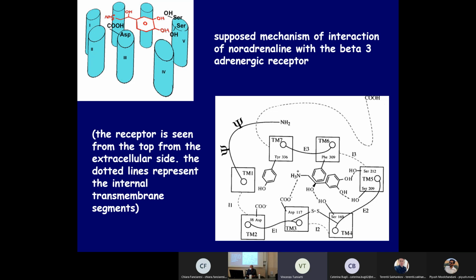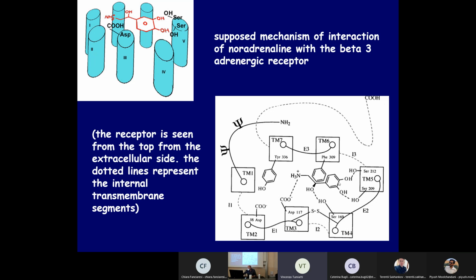Once again, you can see in this picture the importance of the right configuration of the asymmetric carbon atom. Once again, you see in this case noradrenaline. The protonated nitrogen atom is able to interact with a carboxylic acid residue, ionic bond.